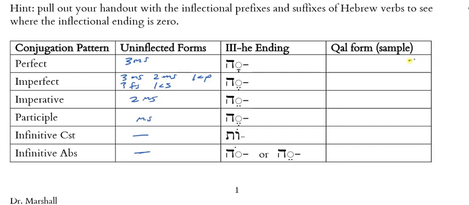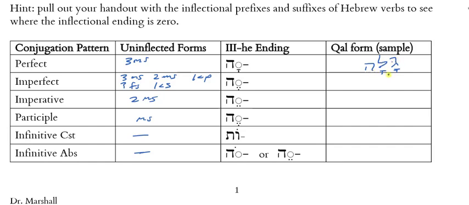So let's take a verb like gala, which means to uncover. And what we have is, for the qal perfect, I get qamets under root 1, as in pakad. Root 2 is lamed. And then, for the 3ms form, I'm going to add qamets he here, gala.